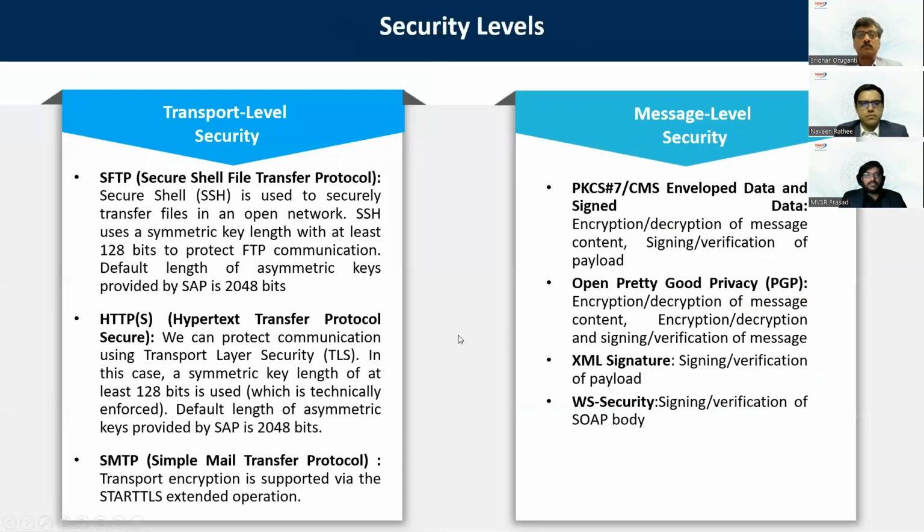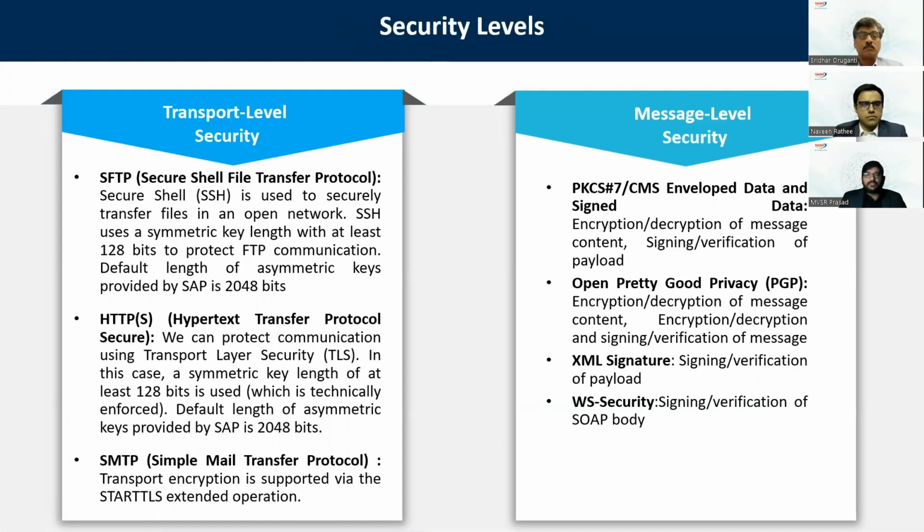Right. On the security levels aspect, we have seen HTTP, HTTPS, SFTP, SMTP. These are all transport level securities. SFTP is based on Secure Shell, that is SSH, which is used as a secure way to transfer files within the network.